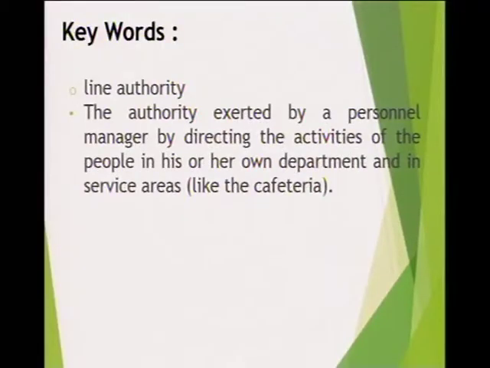The other keyword is line authority. Here we are talking about a personnel manager who directs the activities of people in his or her own department and in certain service areas, for example, in the cafeteria.